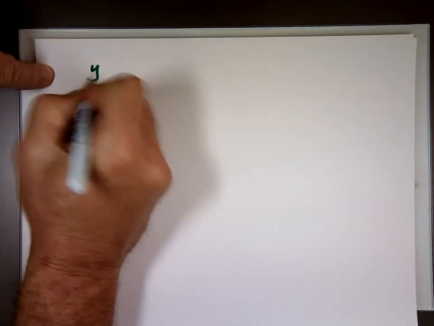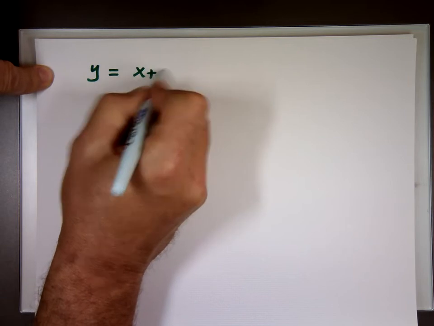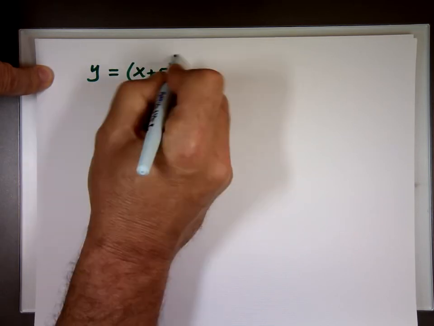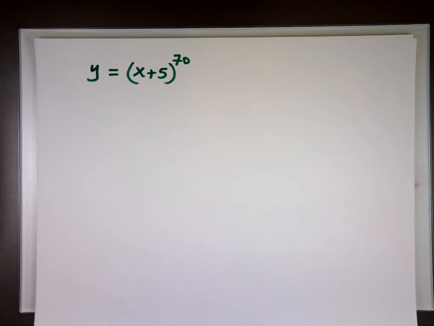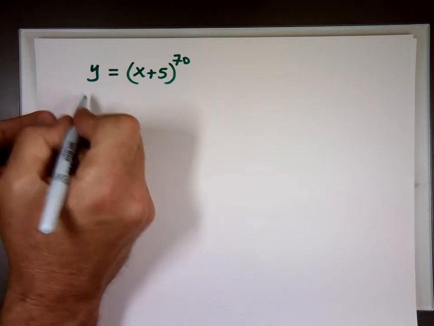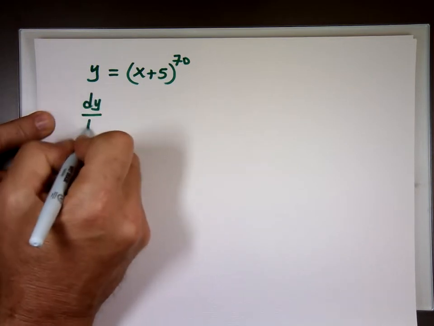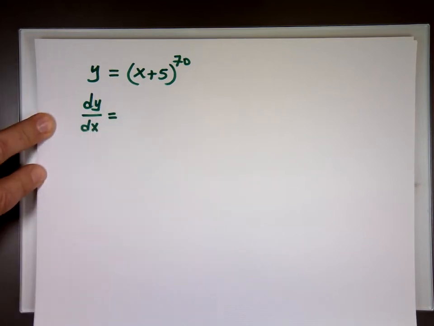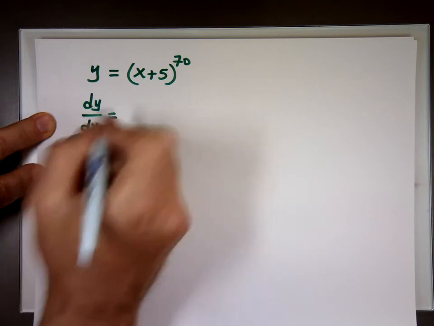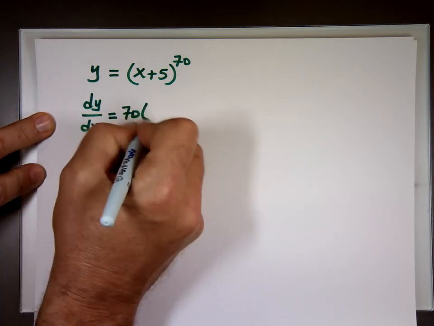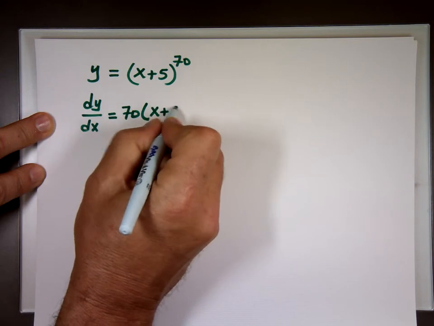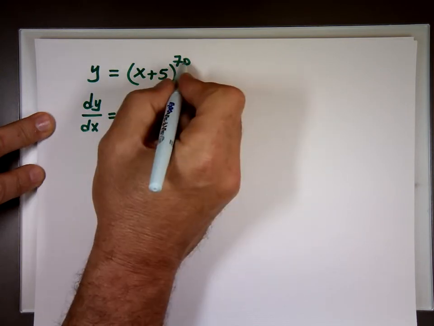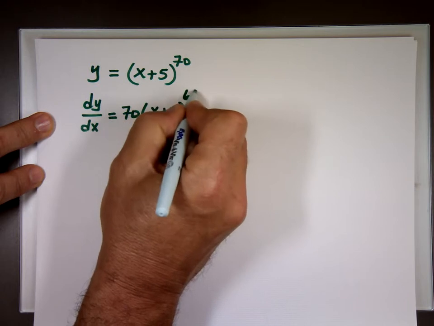Here's the first one. y equals x plus 5 to the power of 70. You want dy dx? Take the power, move it to the front. So we'll have 70 times x plus 5, and subtract 1 from the power, just like before. That'll make it 69.